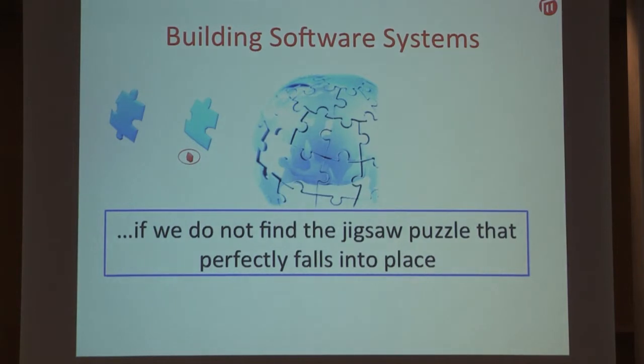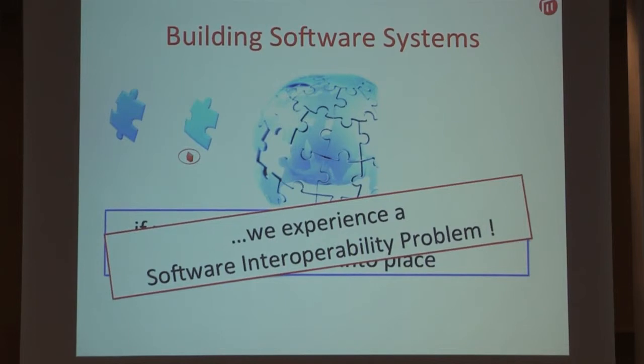If you remember the problem I showed you before, what happens if we don't find a perfect jigsaw piece? So for instance, we don't have the left one, that would be the perfect one, but we find the right one that is slightly similar, is very close to being the perfect one, but still is missing something. So we have an interoperability problem.